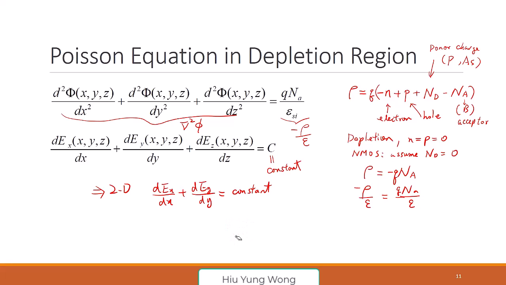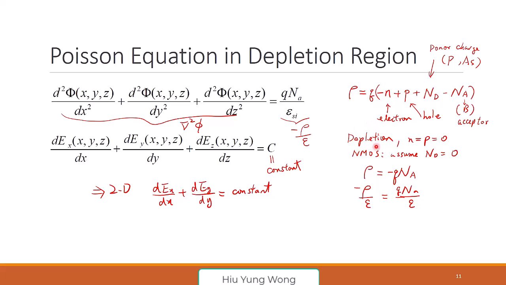This will be useful later in the SOI, but I don't need you to memorize it. However, through this equation, you further understand the meaning of the Poisson equation and how we get QNA. It is actually testing your understanding of semiconductor physics. You know that there are electrons which are negative, holes which are positive, ND and NA.